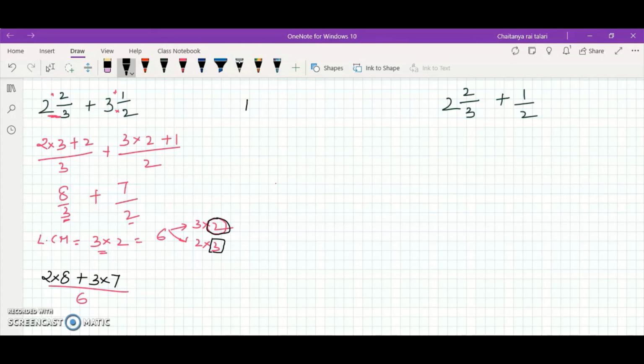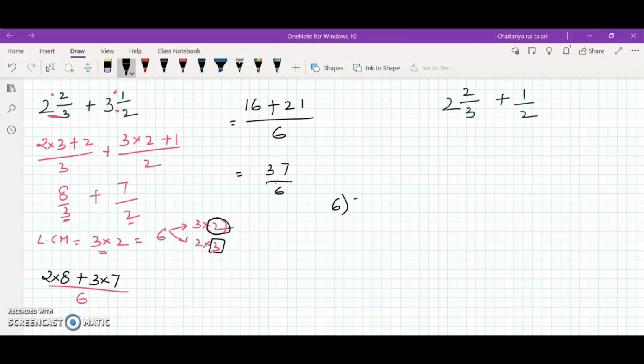Now we will add these two. 6 plus 1 is 7 and 1 plus 2 is 3, that is 37 by 6. Now what do we have to do? We have to convert this improper fraction into a mixed fraction. So divide 37 by 6. It goes here 6 times, 36. 1 is the remainder.